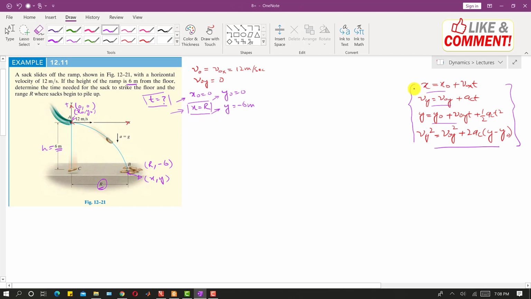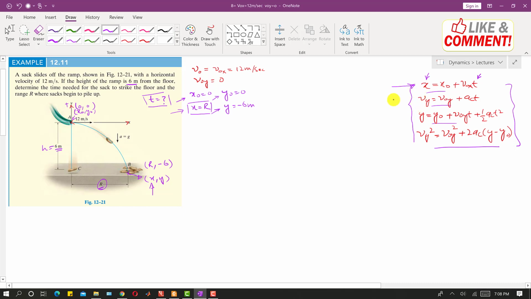If we look at this equation, it is the equation for the final position along x, where x is the final coordinate of the sake. There are 2 unknowns, time and x, so we cannot use this equation directly.